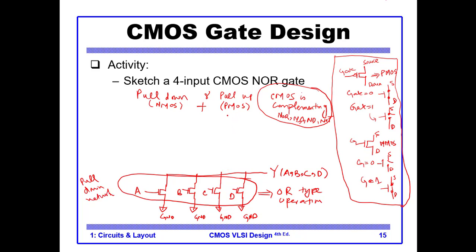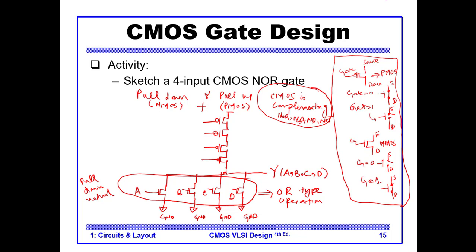And then every CMOS gate should have a pull down and a pull up network. So the pull up network should be consisting of PMOS. Okay, 1, 2, 3, 4.